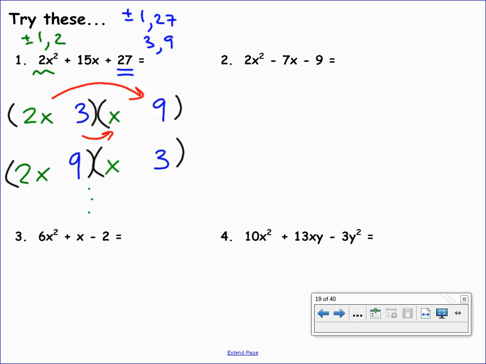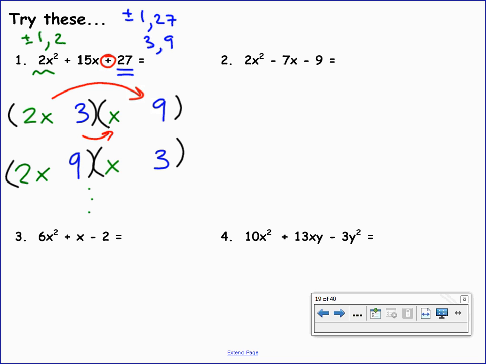Is my constant term in the original polynomial positive or negative? Well, it's positive, and so the only way to multiply two lasts together and produce that positive 27 is if they're same signs. Would 18x plus 3x, same sign, get me to 15x? No, it would get me to 21. So it can't be that first placement.